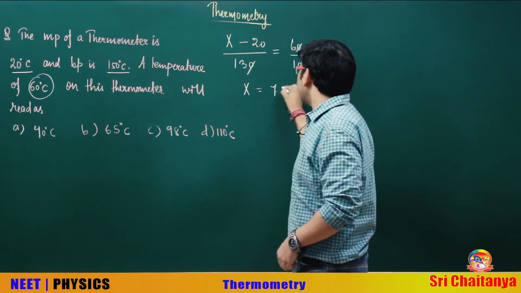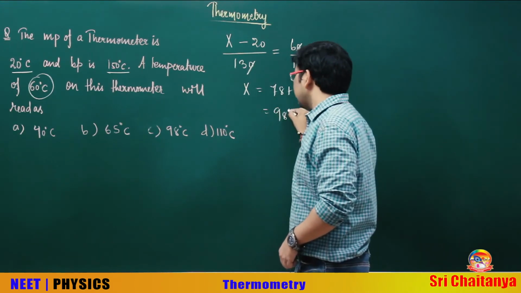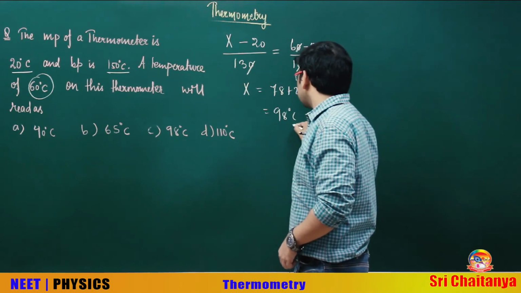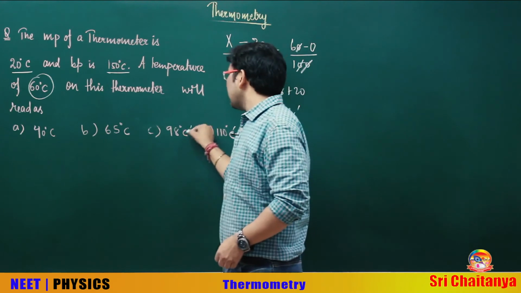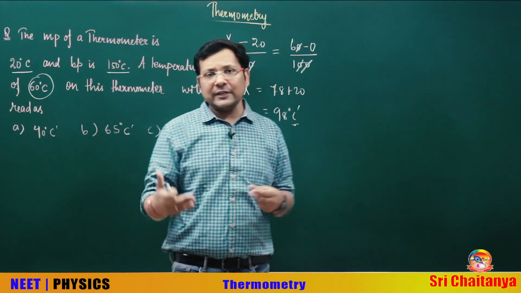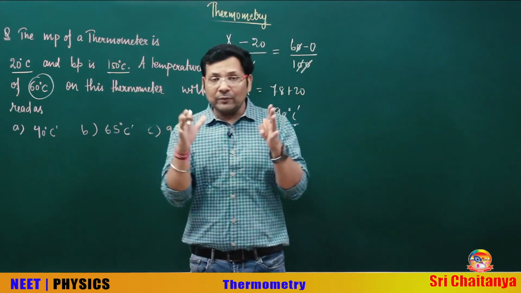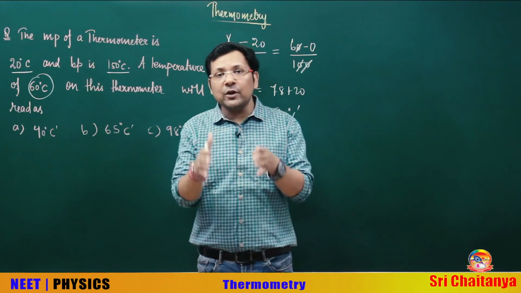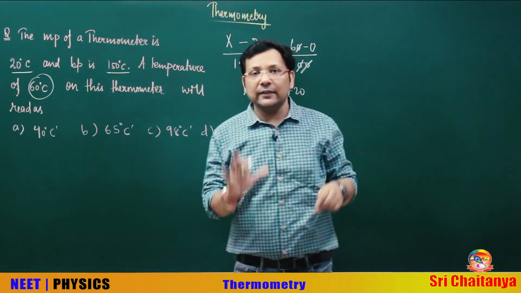This is 78 plus 20 and your answer will be 98 degrees. So basically we cannot say Celsius, this is Celsius dash, or you can say faulty Celsius. So one is the accurate Celsius, that is 60 degrees Celsius, one is the faulty Celsius. But you have noticed one thing, that the formula of thermometer is valid in faulty as well as in accurate everywhere.